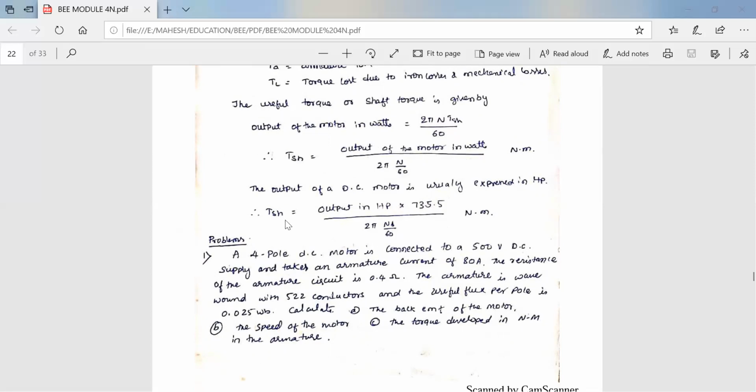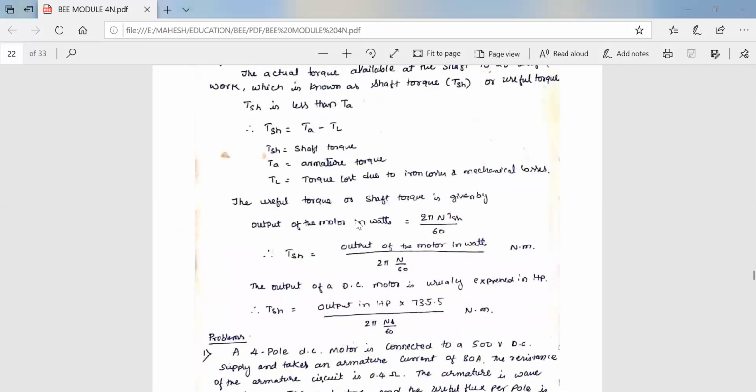Therefore TSH equals output in HP into 735.5 divided by 2 pi n divided by 60. So this is the equation for shaft torque. By using this, you can even calculate the armature torque, that is Ta equals output of the motor in HP into 735.5 divided by 2 pi n divided by 60. So this is all about DC motors.